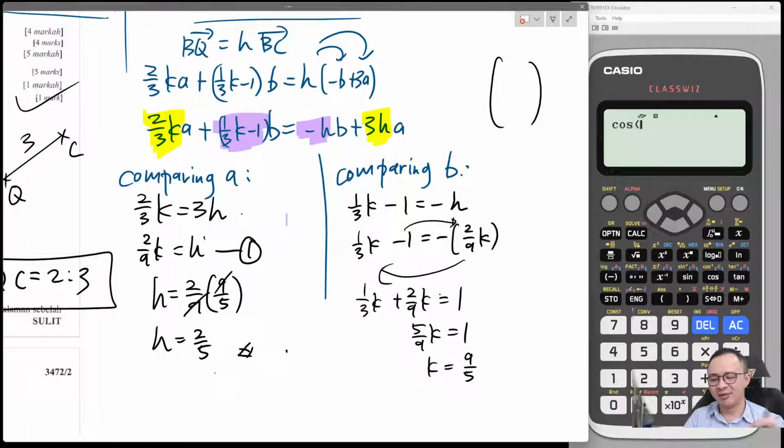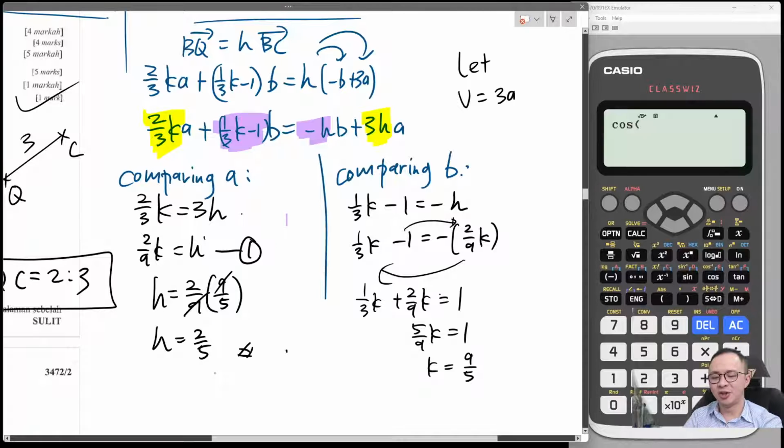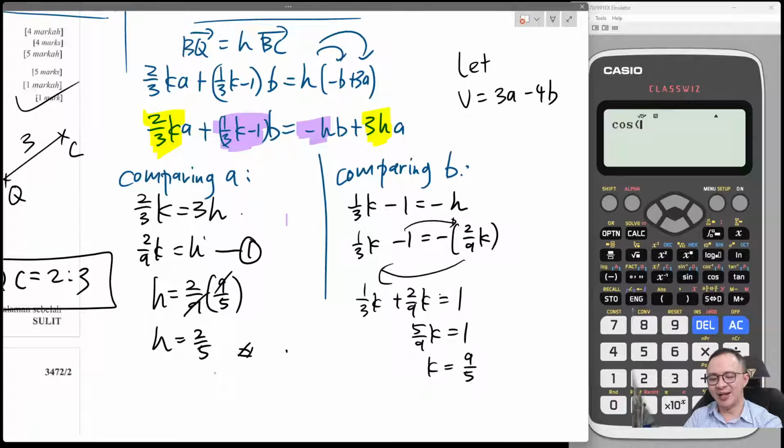Yeah, if you want to let this vector, let's say 3a minus 4b, for example, you can let this one become 3 minus 4. Then the examiner might understand what is going on. But by default, we only do it for i and j.